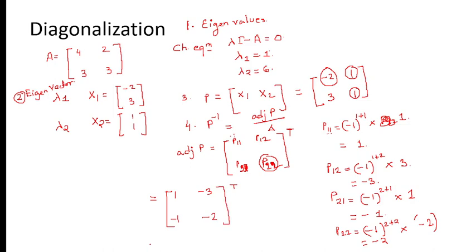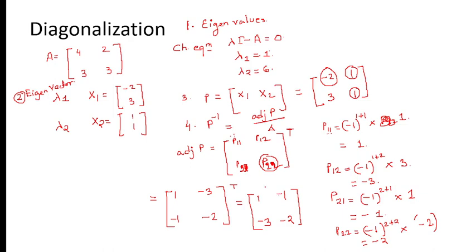So if we take the transpose of this matrix, what is coming? 1, -3, -1, and -2 arranged transposed. Okay, so now we got our adjoint matrix. So we got our adjoint matrix.